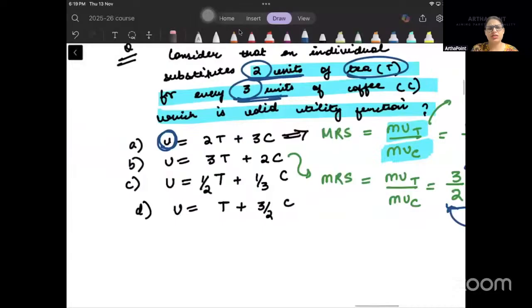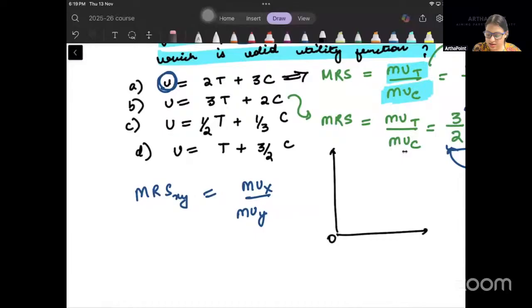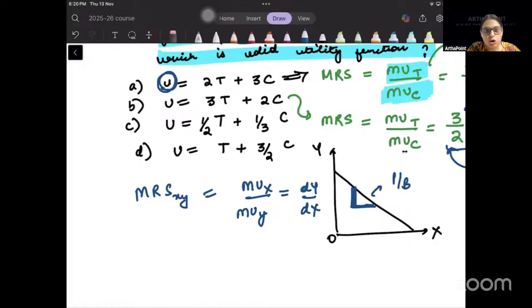Many students are still very confused with the definition of MRS. Please understand this carefully: when we write MRS equal to MUX by MUY, please understand that MRS is the slope. Yes, MRS is the slope, and when we talk about slope, if I take x here and y here, and this is our indifference curve, you have to understand that this slope is perpendicular by base. That means this MRS is dy by dx, right? Although I have MUX by MUY, it will be dy by dx.